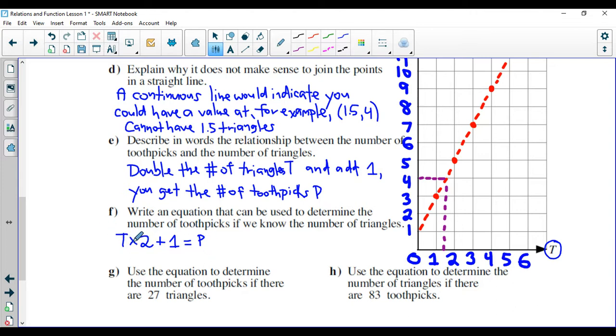And also here, if we have T times 2, we can write it as 2 times T. So we could write down 2T plus 1 is equal to P. And then P would be equal to 2 times T plus 1. Okay, that's my equation I can use to figure out the number of toothpicks from the number of triangles.